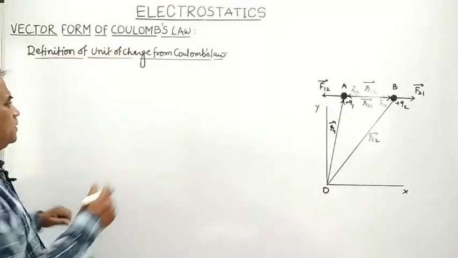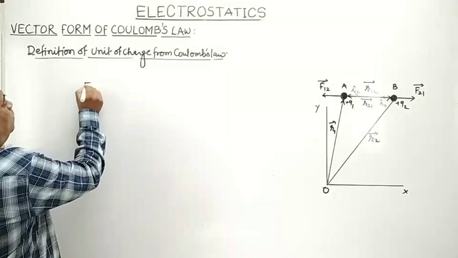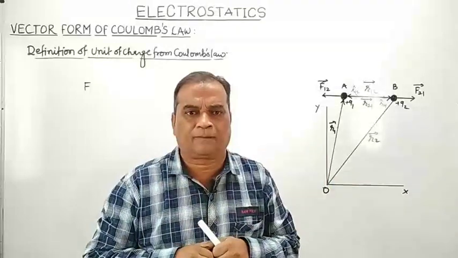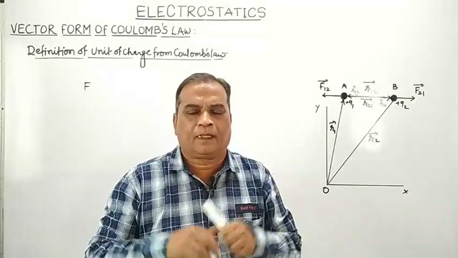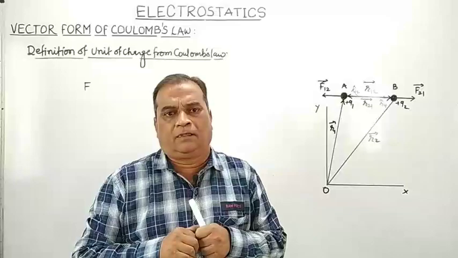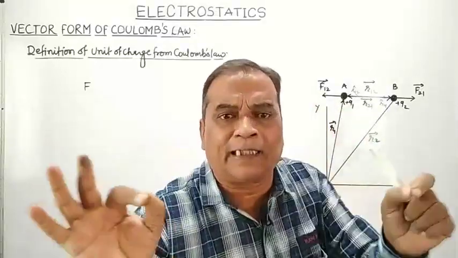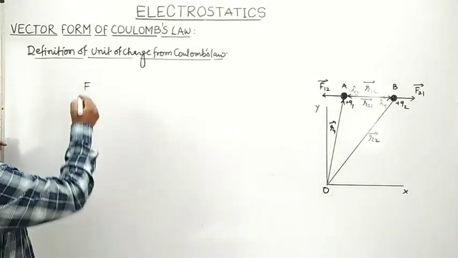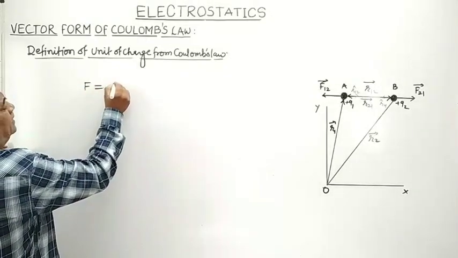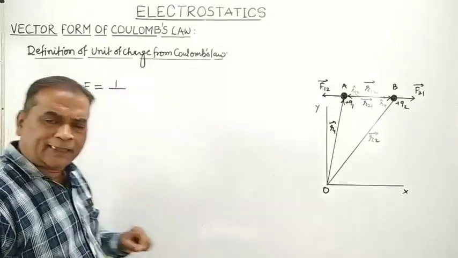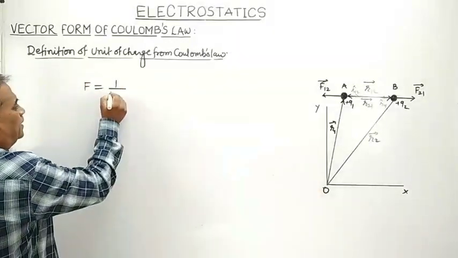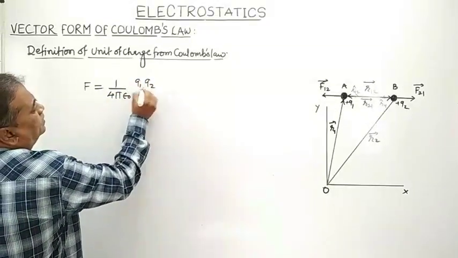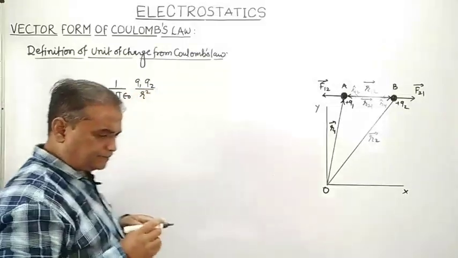Now according to Coulomb's law, when two point charges which are at rest are kept at a finite distance apart in a vacuum, then the force of attraction or repulsion between them at a distance r apart in vacuum is given by the formula 1 upon 4 pi epsilon 0, q1 q2 divided by what? R square.